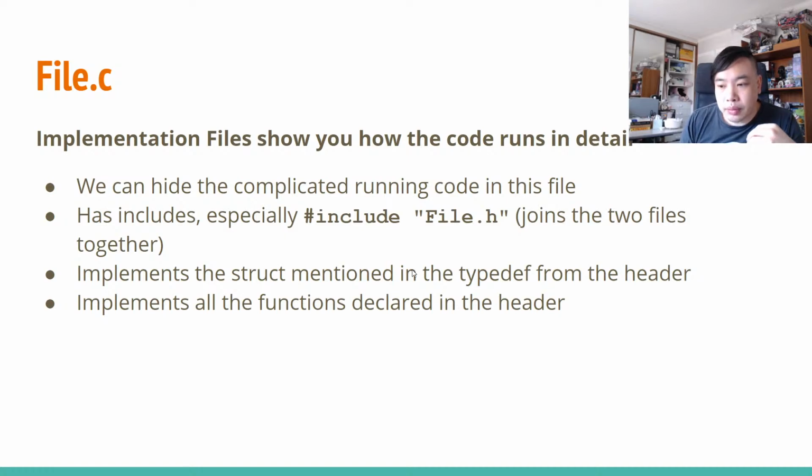So when there's a type def in the H file, the C file will have the actual struct that the type def is linking to. So that's the kind of hidden data structure that the main won't know about. And the main will only be able to see that it is an idea, not the details of how it's implemented. And the C file will obviously also have all the code in it that implements what's in the H file.